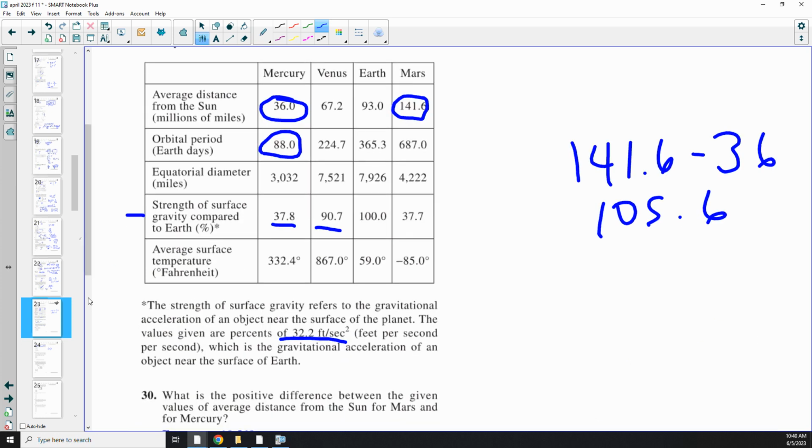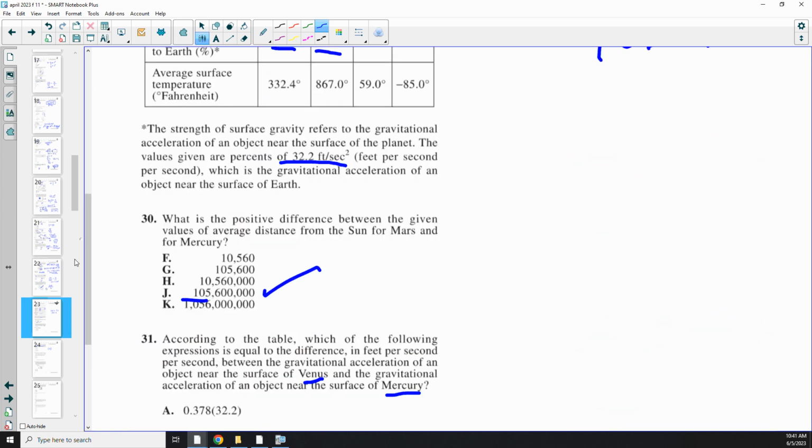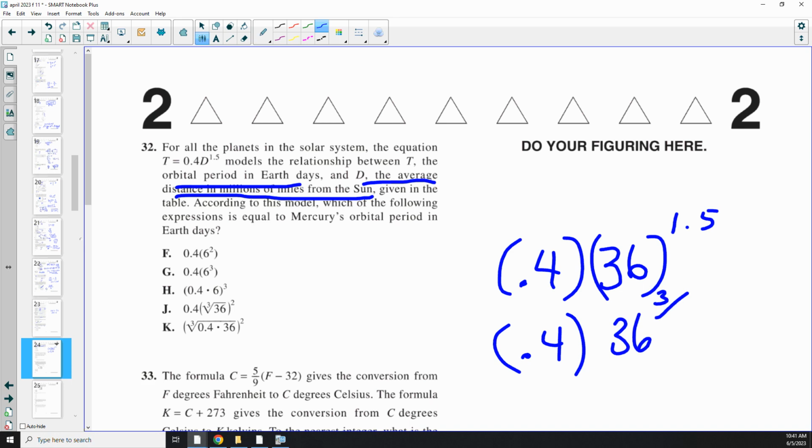So that would be 36 to the 1.5, and this is where you might get in a little trouble. 1.5 is 3/2, so that would be 36 to the 3/2, and many of y'all might recognize the square root of 36 is 6, and that's how you get the right answer, 6 out of that.